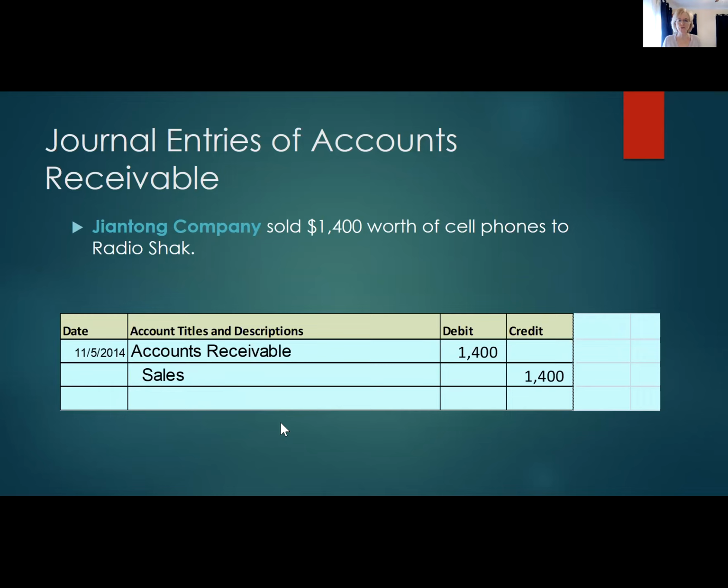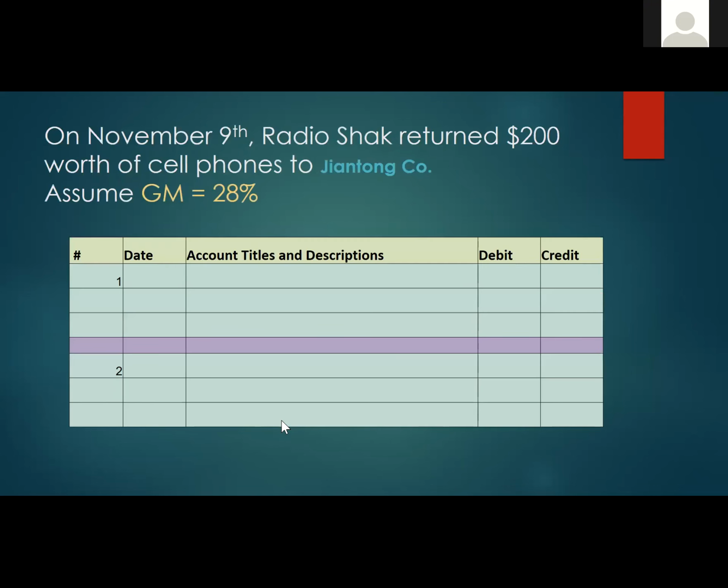So do we use sales or do we use another account? We use sales returns and allowances, but we do use accounts receivable.